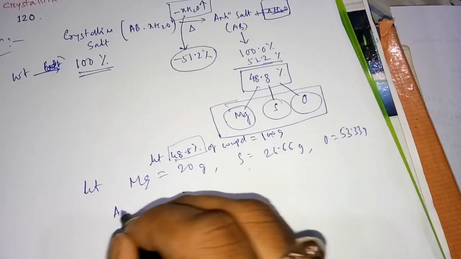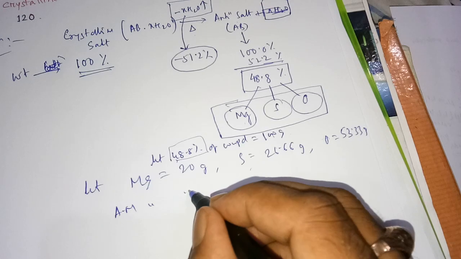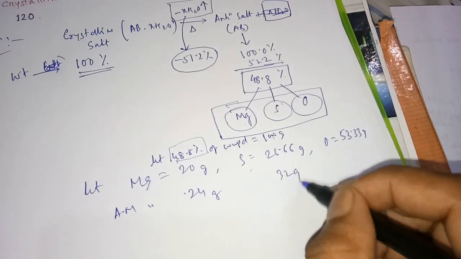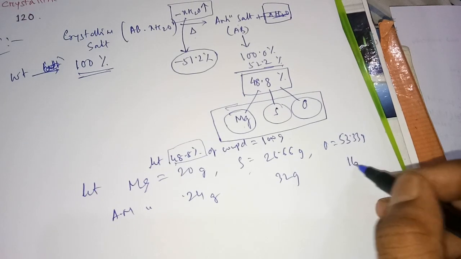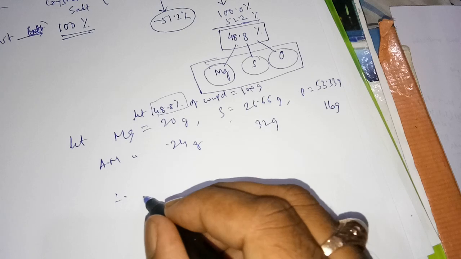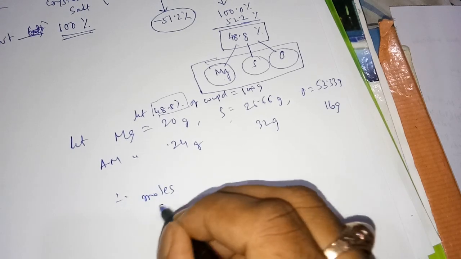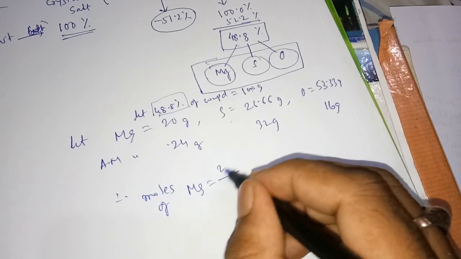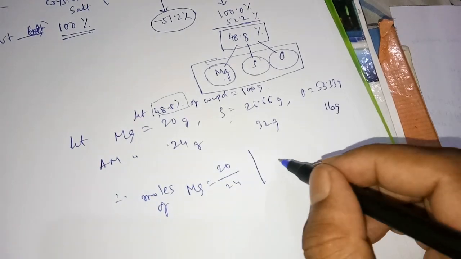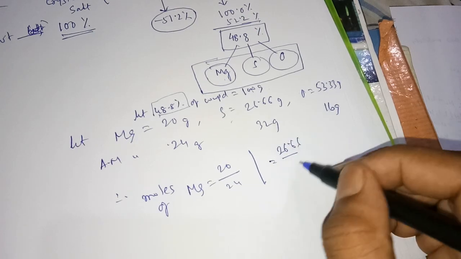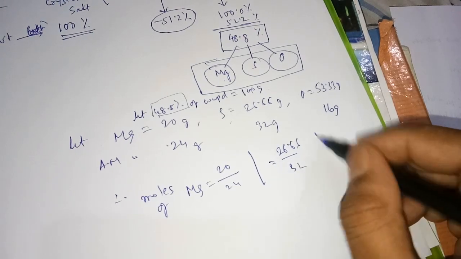Now the atomic mass of magnesium is 24, sulfur is 32 gram, oxygen is 16 gram. So moles of magnesium is 20 by 24. Similarly, moles of sulfur is this divided by 32.